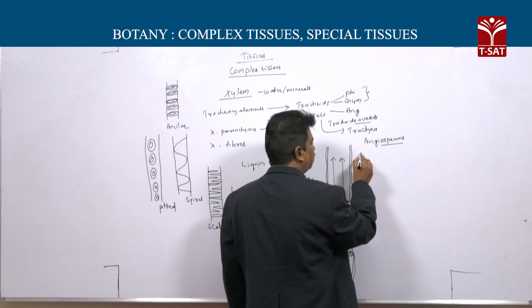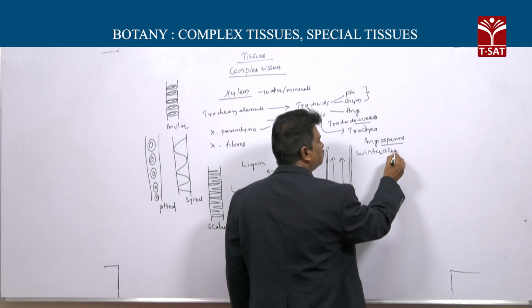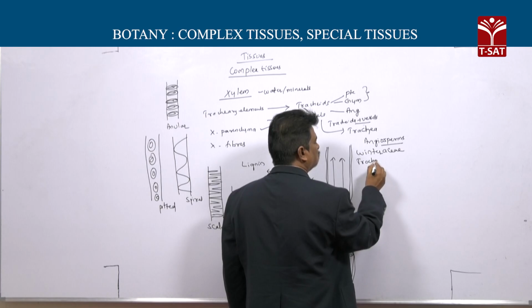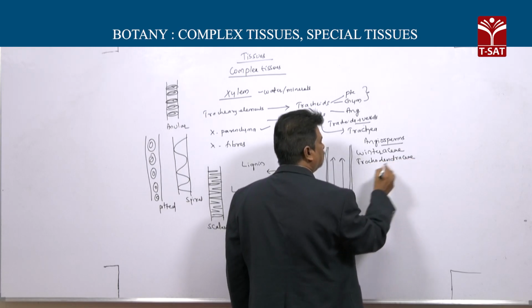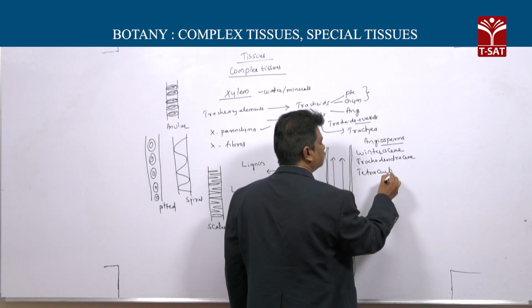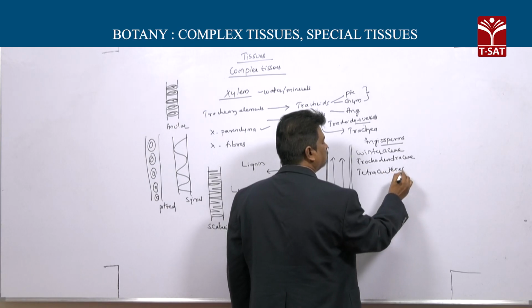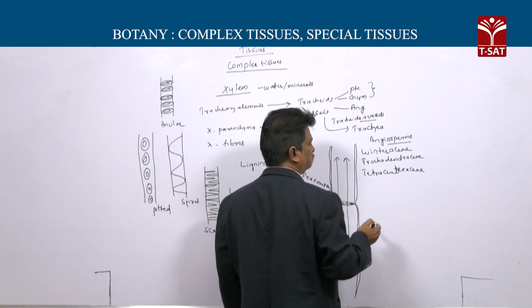But in some primitive angiosperms, vessels are absent. Vesselless angiospermic families: Winteraceae, Trochodendraceae, and Tetracentraceae. In these families, the vessels are absent.